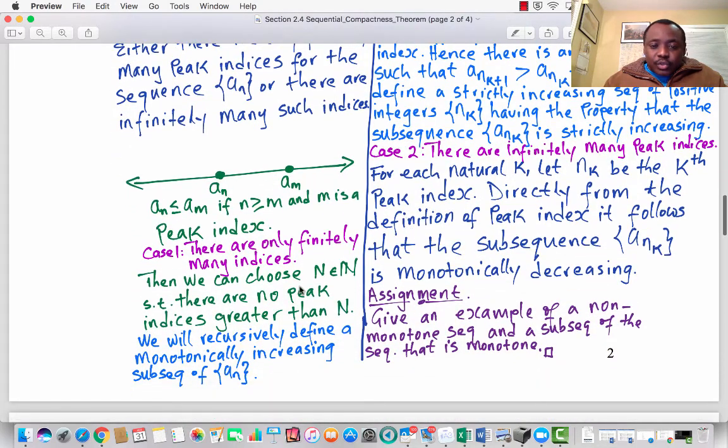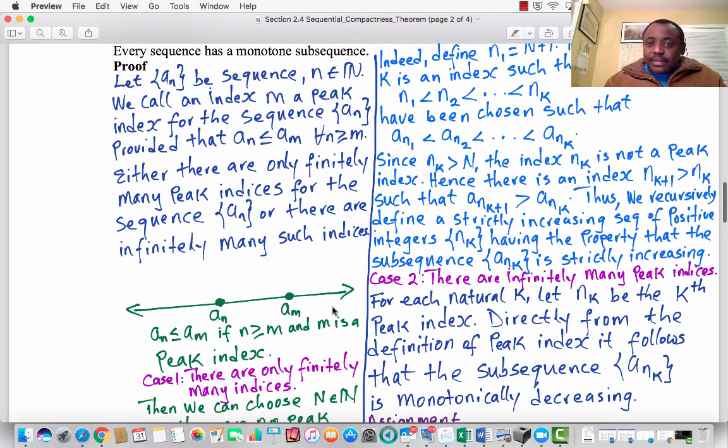Recall that we did choose our N such that there are no peak indices greater than uppercase N. Hence, there is an index n_{k+1} which is greater than n_k such that a_{n_{k+1}} is greater than a_{n_k}. Thus, we recursively define a strictly increasing sequence of positive integers n_k having the property that the subsequence a_{n_k} is strictly increasing. And that takes care of case 1.